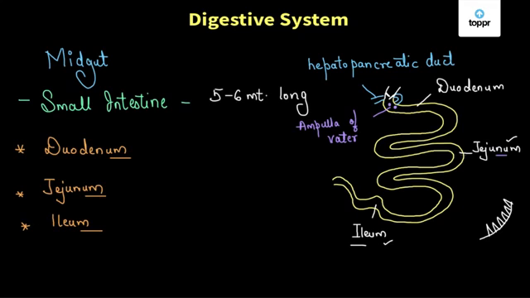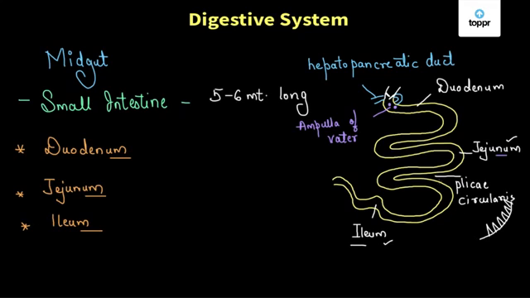Now if you see in here, there are deep folds present. The jejunum is being thrown into deep folds. These deep folds are what we called the plicae circularis. So these are the plicae circularis, which are the deep folds which are present in here.